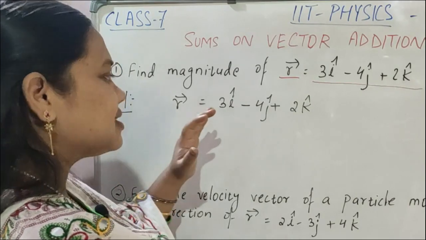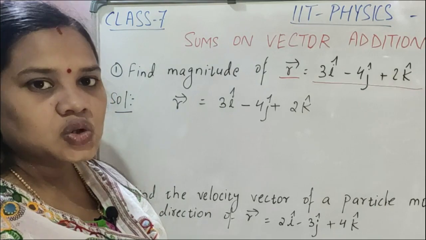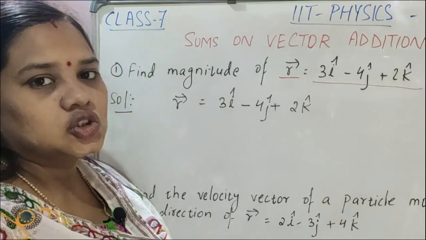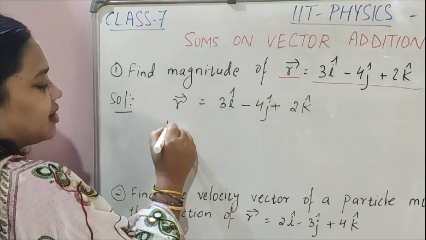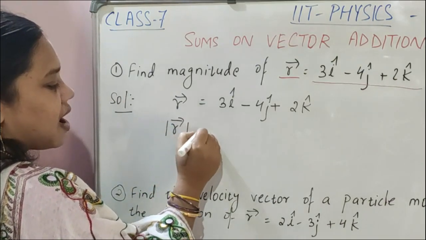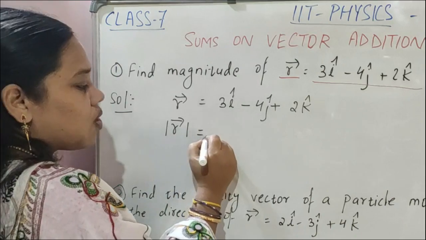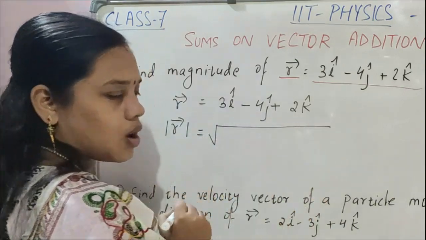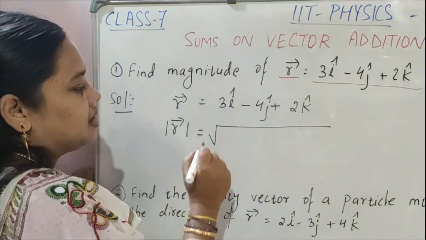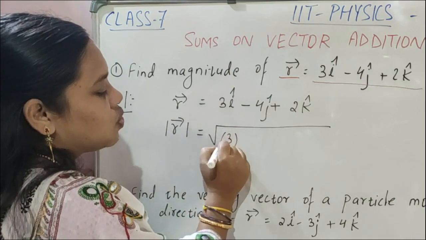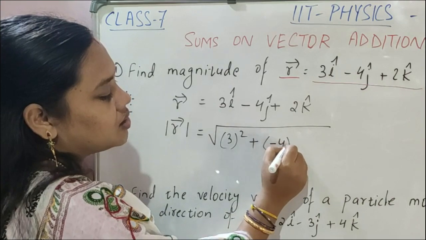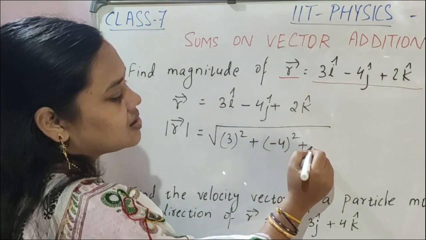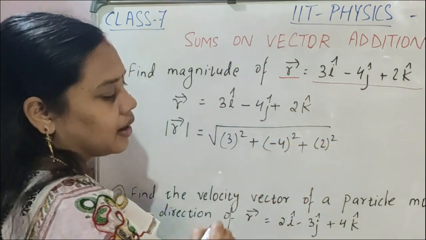You have to find the magnitude of r vector. So magnitude of r vector, meaning mode of r vector, is equal to what? Whole square root of 3 square plus minus 4 square plus 2 square.